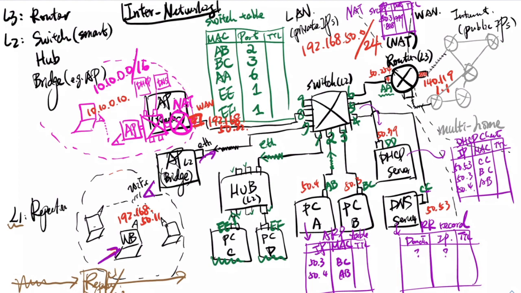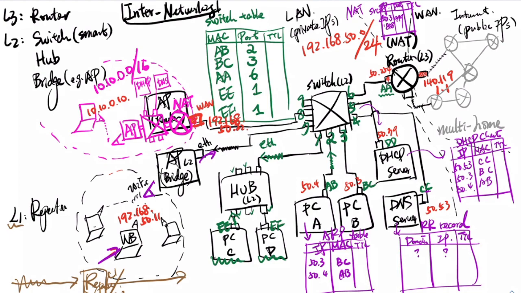A layer 1 device does not know anything about frames. It only knows signals. So a layer 1 repeater only receives signals, amplifies them, and also amplifies the noise. But if you put a layer 2 device right here, it will receive the signal, get the original frame, and relay the frame to the right hand side using larger power or something like that.